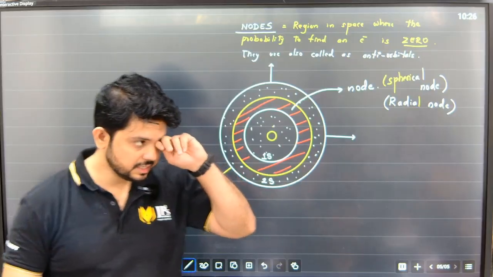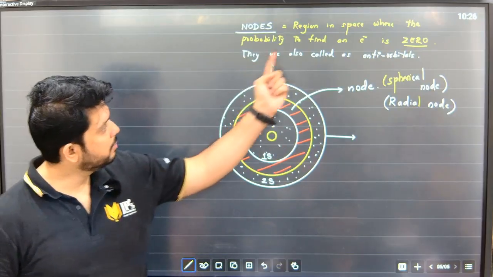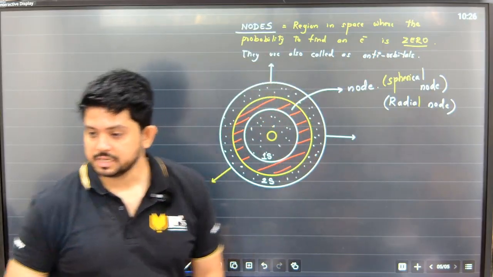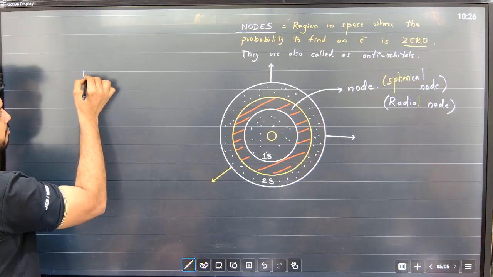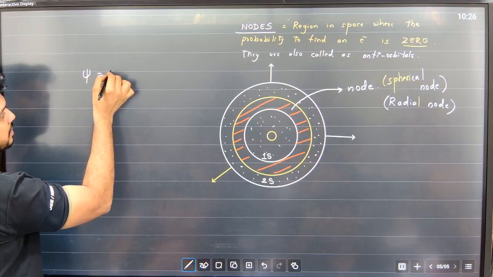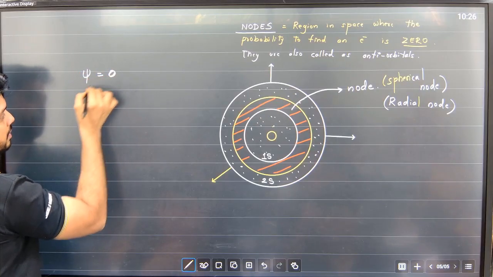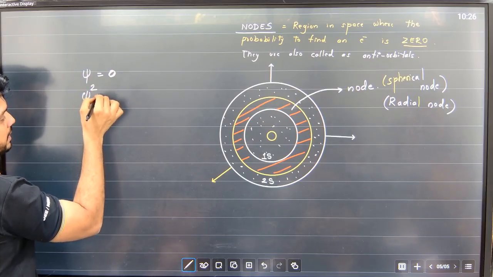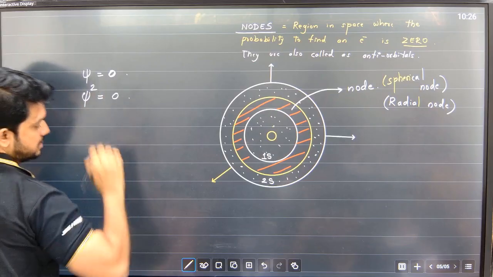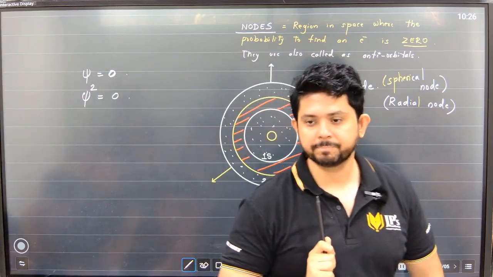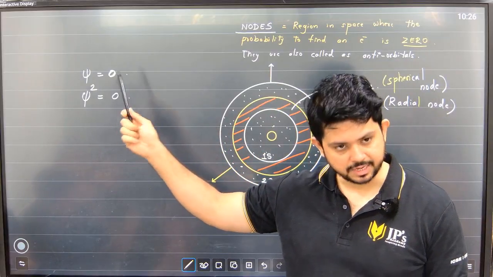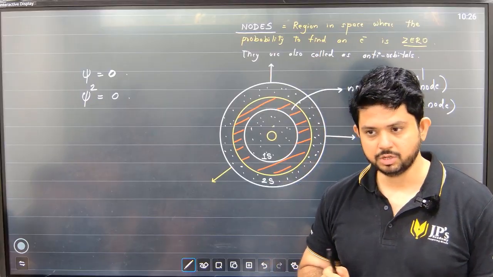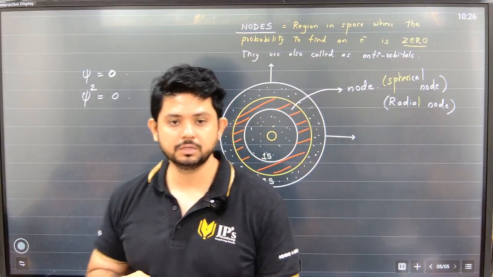A region in space where the probability to find the electron is 0. What is actually 0 is आपका wave function और आपका probability density function becomes 0. When psi is 0, psi square will obviously be 0. We say that we have found a node.